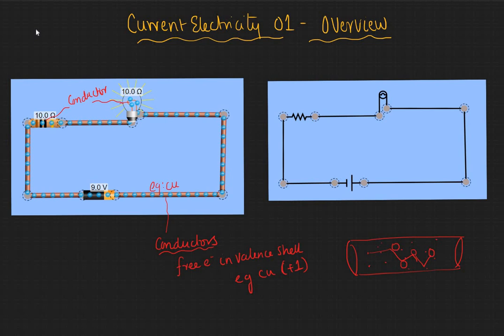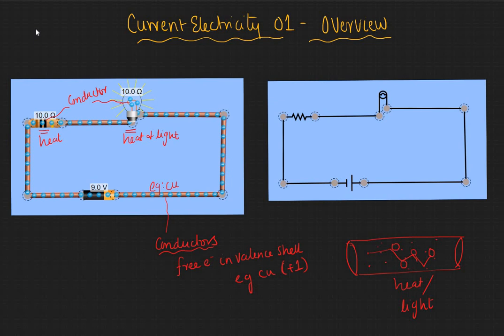Due to these collisions, depending upon the type of material, the material can emit heat or light. Resistors are a kind of material where the energy is consumed due to the collisions in the form of heat, and in the bulb it is both heat and light. This happens due to the motion of electrons and their collision with the atoms.